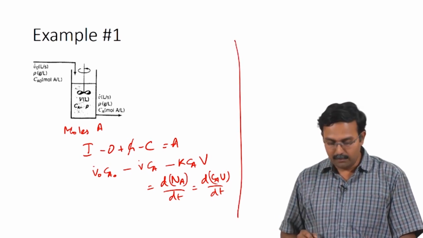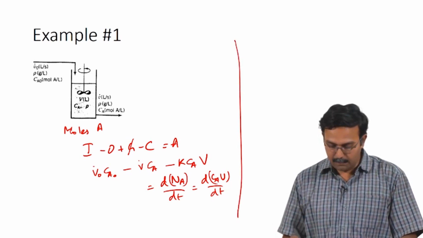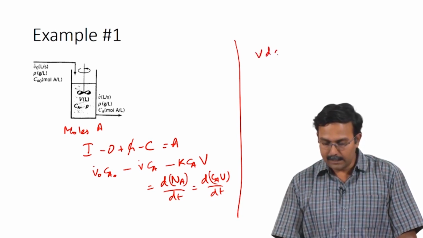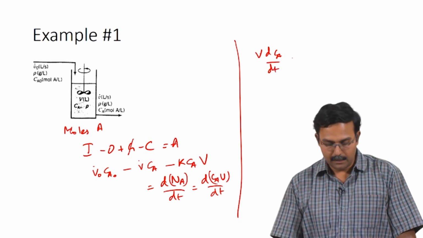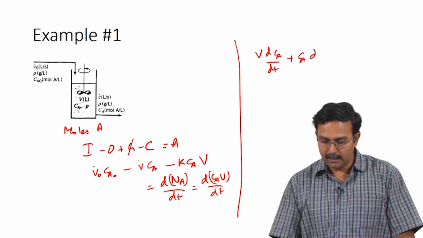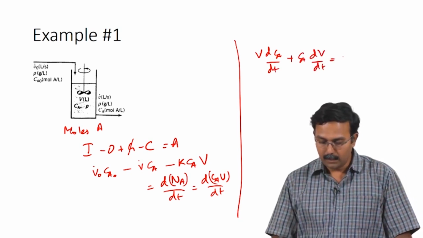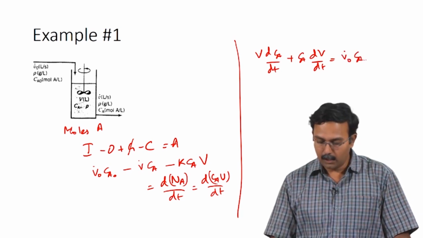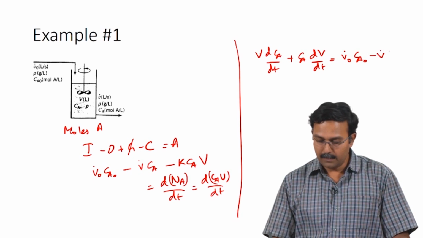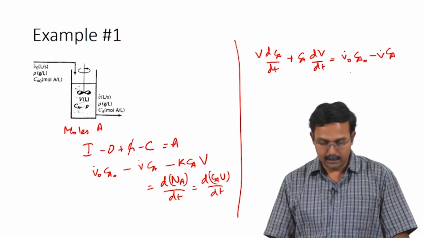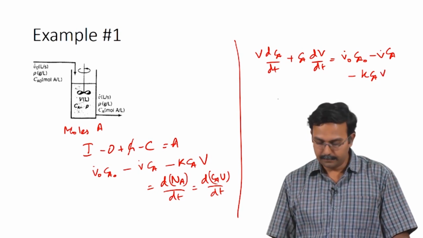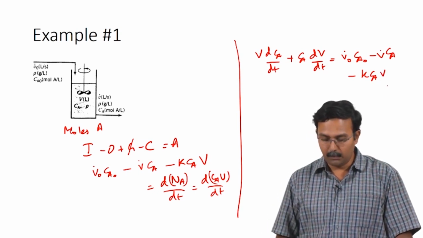Now that we have this, the equation can further be simplified to get V dCa by dt plus Ca dV by dt equals V naught dot Ca naught minus V dot Ca minus K Ca V. So, this would be the differential equation.